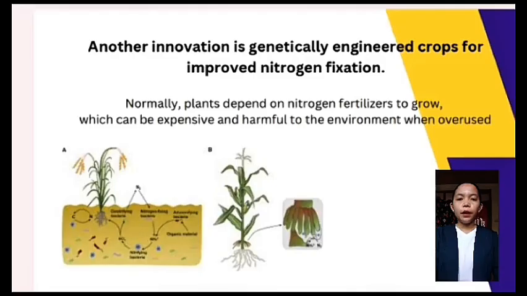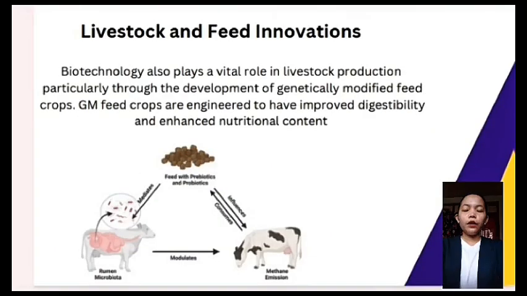Nitrogen-fixing plants can help reduce greenhouse gas emissions. And lastly, water quality. By reducing the need for synthetic fertilizer, nitrogen fixation can help prevent water pollution and maintain water quality. The other one is livestock and feed innovation.